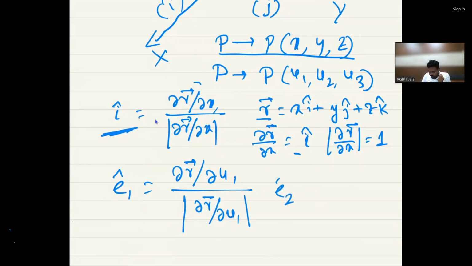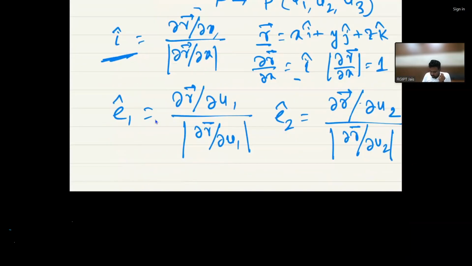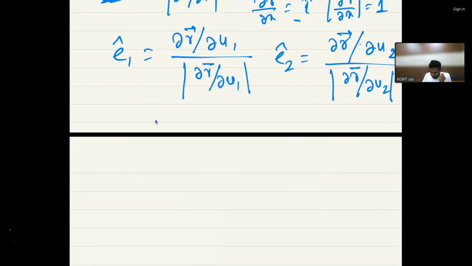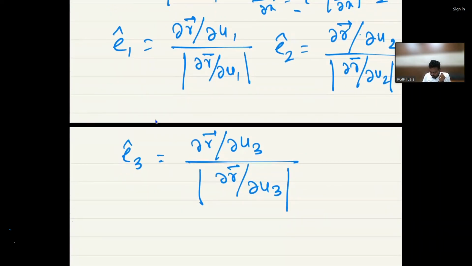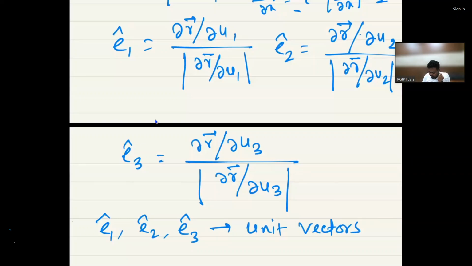Similarly, E2 cap is del r by del U2 divided by mod of del r by del U2. And E3 cap is del r by del U3 divided by mod of del r by del U3. So E1 cap, E2 cap, E3 cap are the tangent unit vectors.